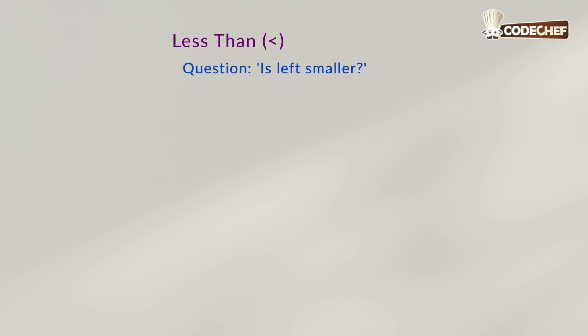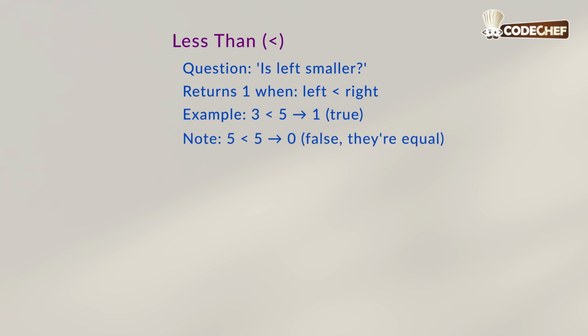The question we ask is, is the left value smaller? It returns 1 when the left value is smaller than the right value. For example, 3 is smaller than 5 is true and it returns 1. You have to note that 5 smaller than 5 is false again because they're equal and not smaller than each other.